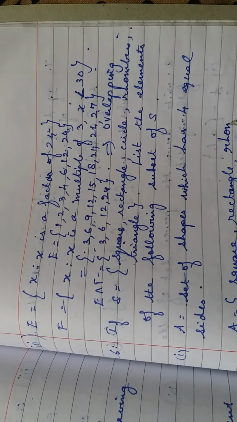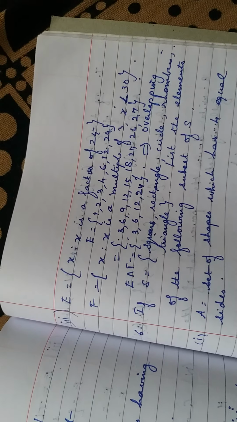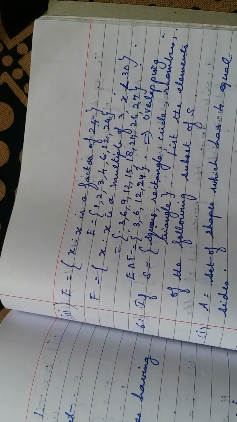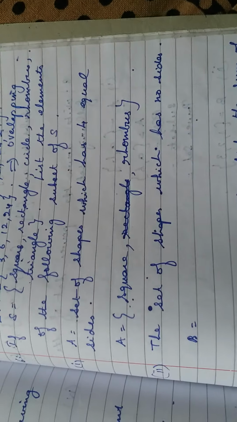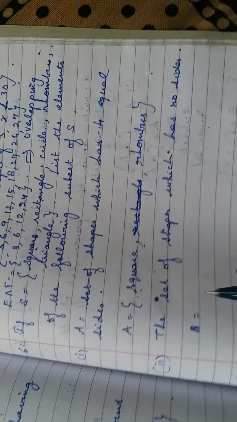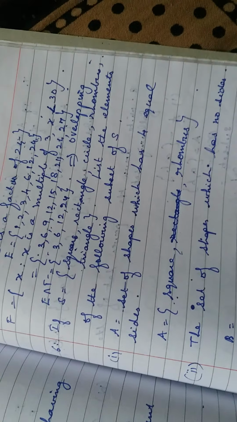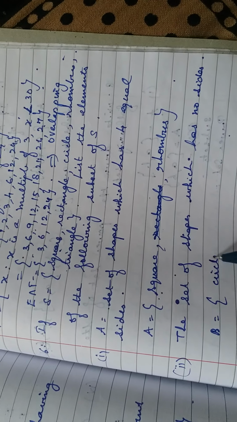Sorry, equal sides means you don't have rectangle, you have only square and rhombus. You know, in a rectangle only 2 sides are equal. The set of shapes which have no sides is the circle.